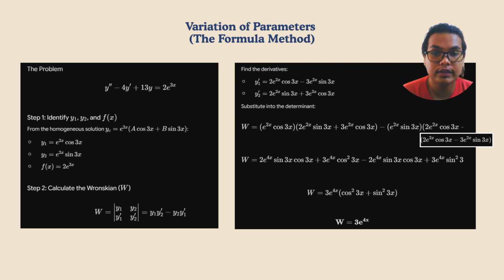The next derivative is y prime 2 equals 2e^(2x) sin 3x plus 3e^(2x) cos 3x.